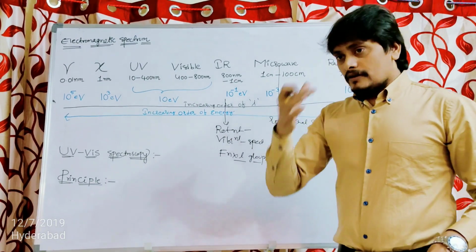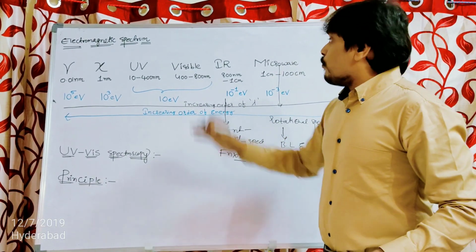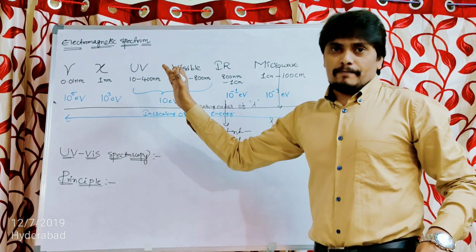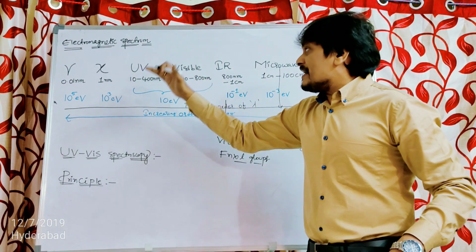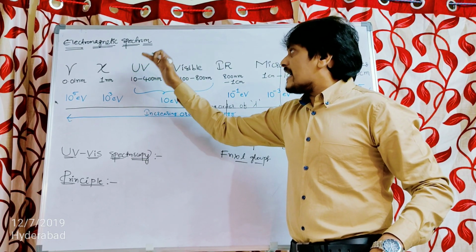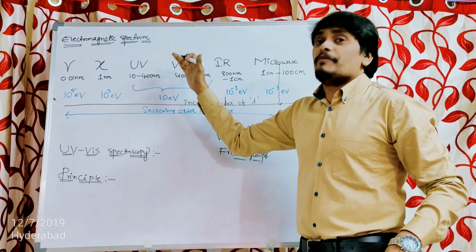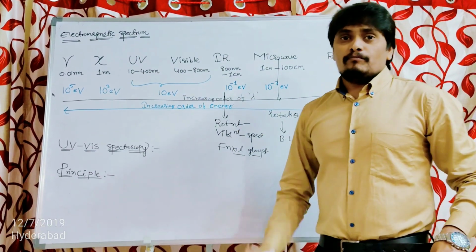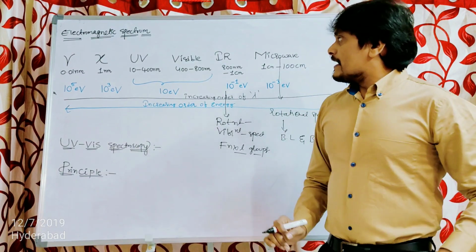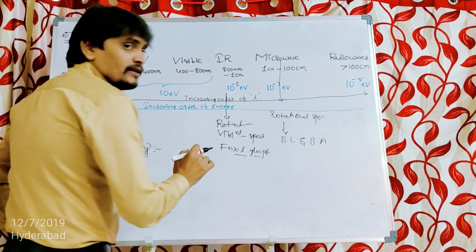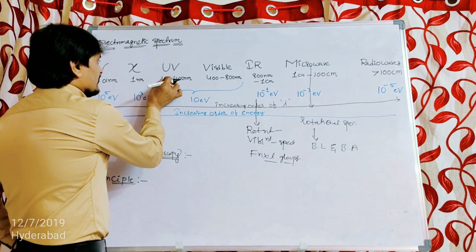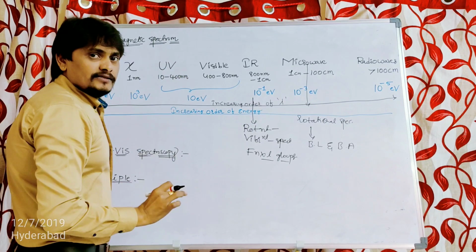Right. Now, what sort of information can be revealed with the help of UV visible spectroscopy? That is, what sort of information can be revealed by the radiations which are called ultraviolet and visible radiations. Before that, do remember, students, UV range is 10 to 400 nanometers.